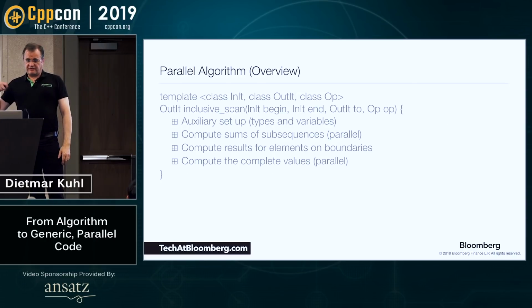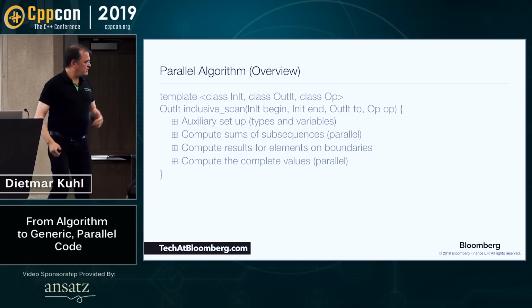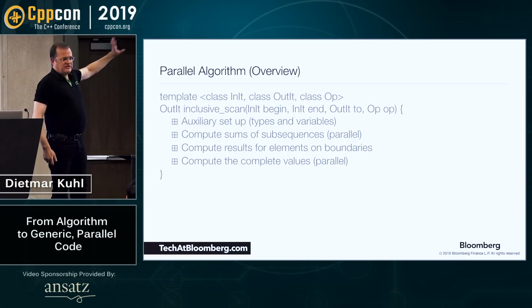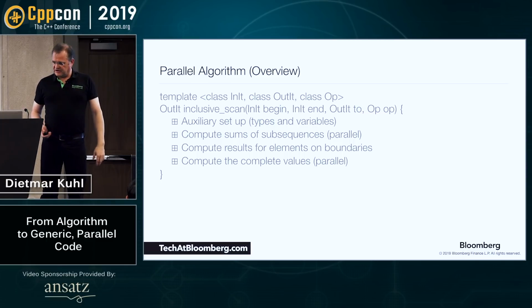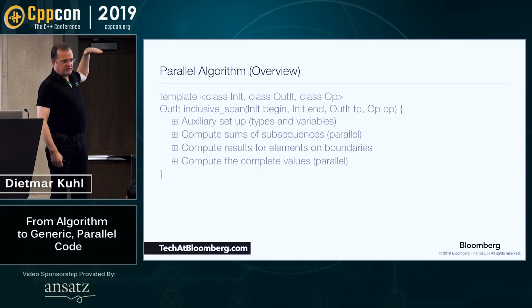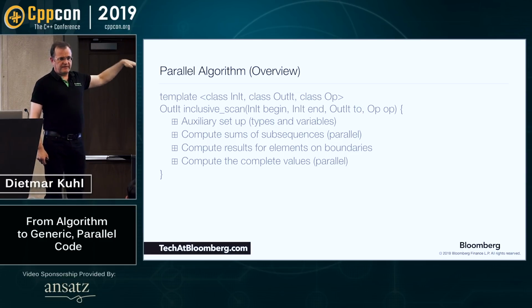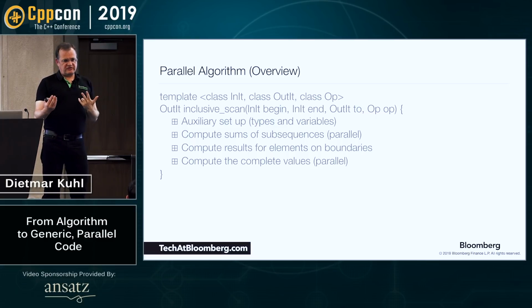But anyway, let's turn the algorithm into an inclusive scan and make that an iterative approach. It doesn't fit on one slide, so I basically have these things to say it consists of 4 stages. The first stage is let's set up some auxiliary stuff, which is just some memory. Then we compute the sum of subsequences.